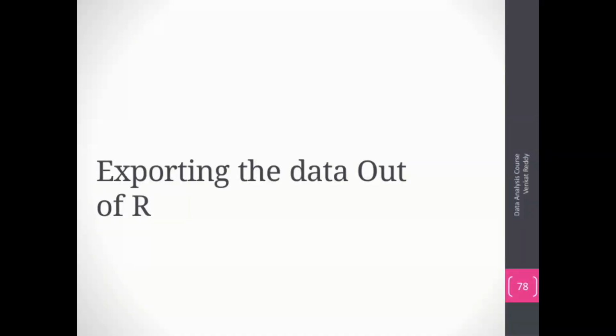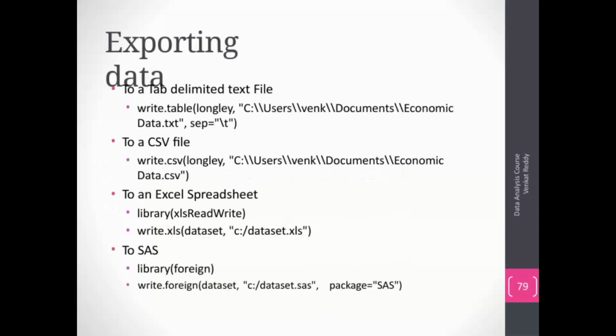Next, if we want to export to a tab-delimited text file, we use write.table, where we specify the dataset, the file path such as C:/users/venc/documents/economic data.txt, and set sep equals \t to indicate tab separation. This format is useful for importing into many other applications and systems.